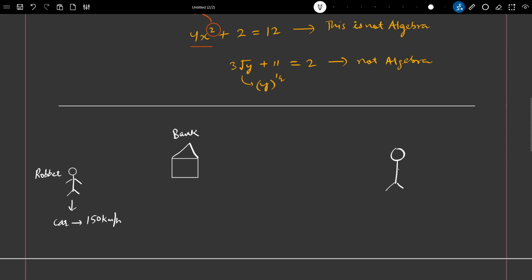Obviously, there will be a police. Police also has a car, and the speed of the car is 180 per hour.